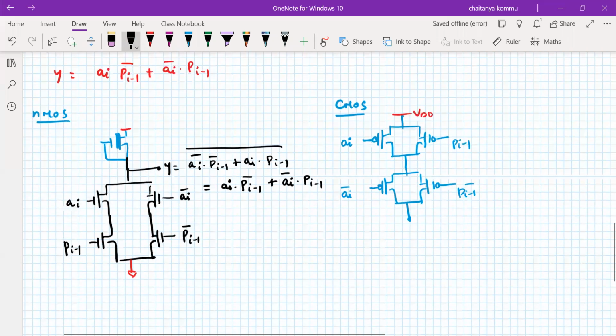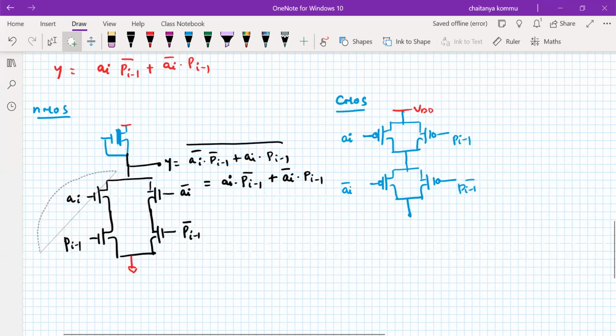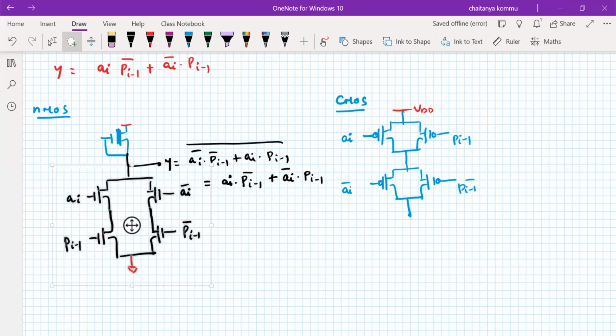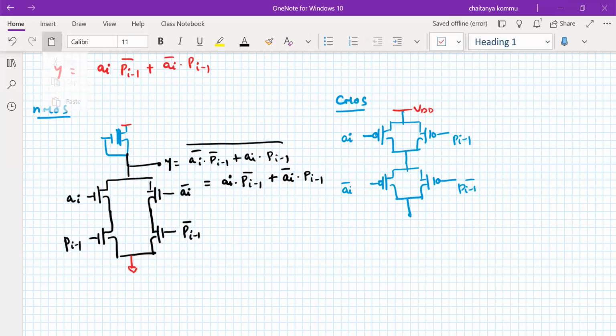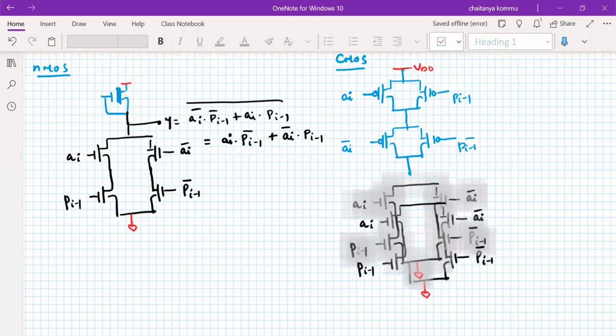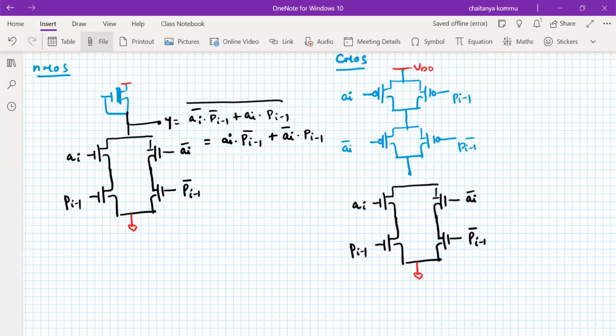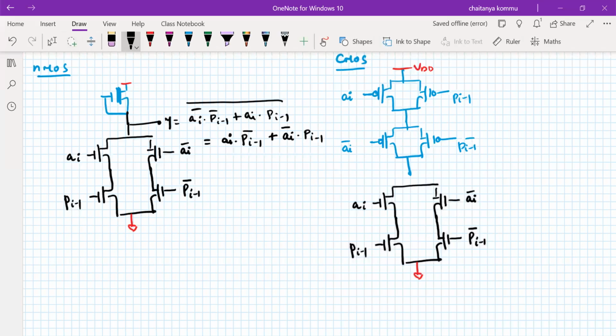So what I can do is copy this one and paste it here. So that's it. Here these are the things that we have to do. This is called the Y output.